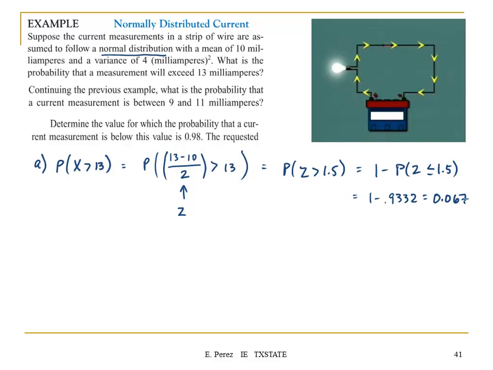The next question is asking, what is the probability that a current measurement is between 9 and 11? It's basically the same. You have the probability of x being between 9 and 11. If you do the same transformation for the normal, you will get the probability of z being between negative 0.5 and 0.5.